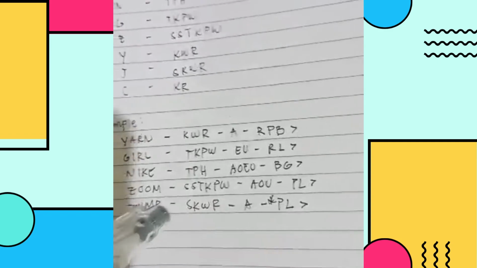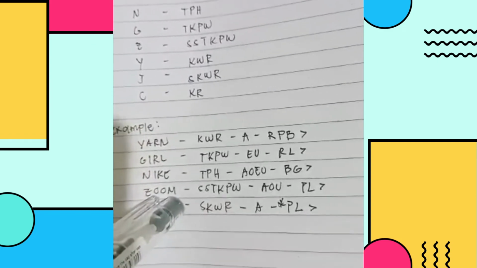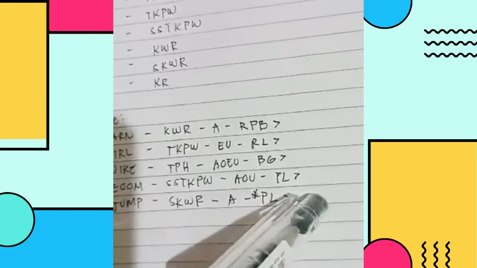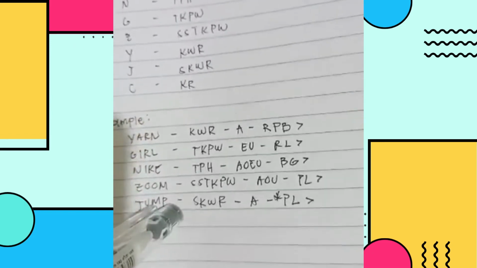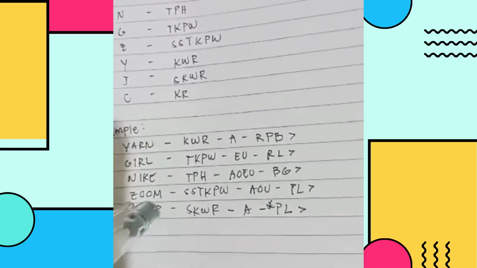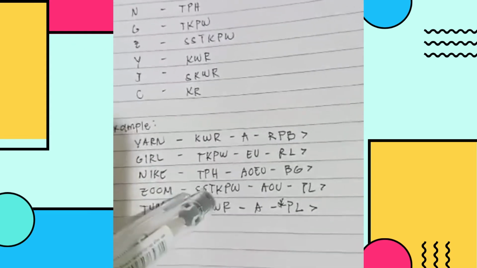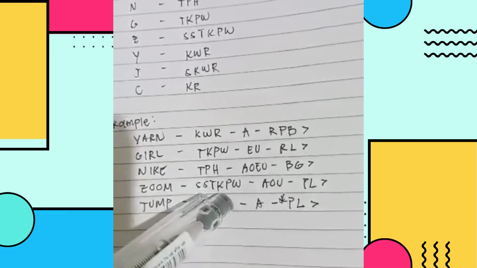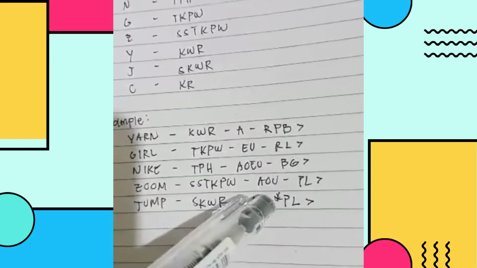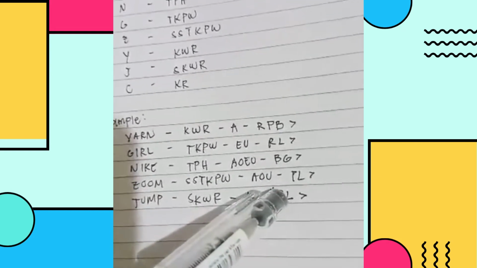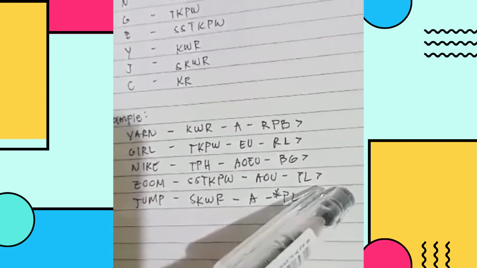Next is letter M. The code of letter M is PL. And this is how to read the word zoom in machine shorthand. Initial letter SSTKPW, vowel letter AOU, ending letter PL, then release.